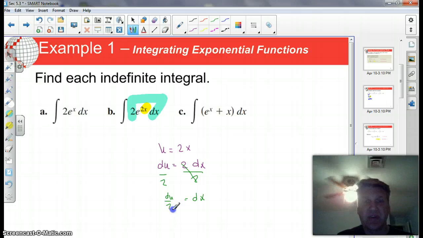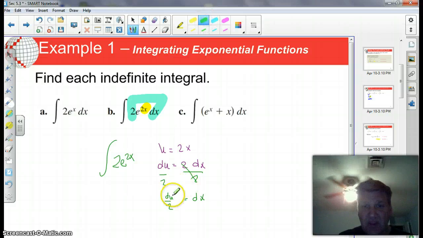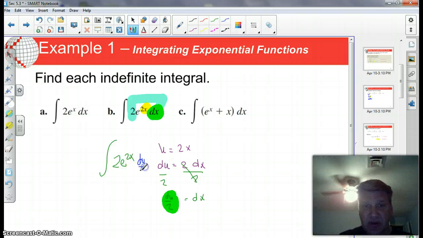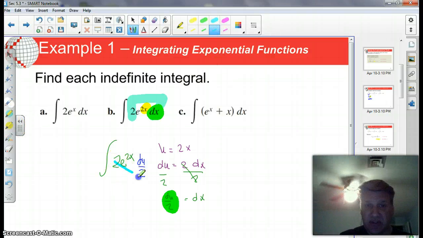And so notice, if you do that, I'll get the integral of 2e to the 2x, and then I'm going to replace this dx with du divided by 2, because that's what dx is equal to. So instead of writing dx here, I'll write the value, which is du divided by 2, and nicely enough, we can cancel the 2's.